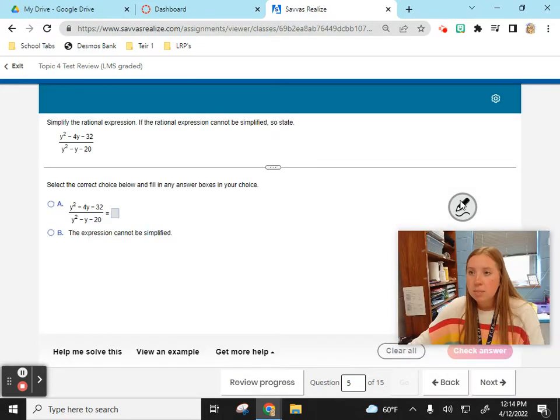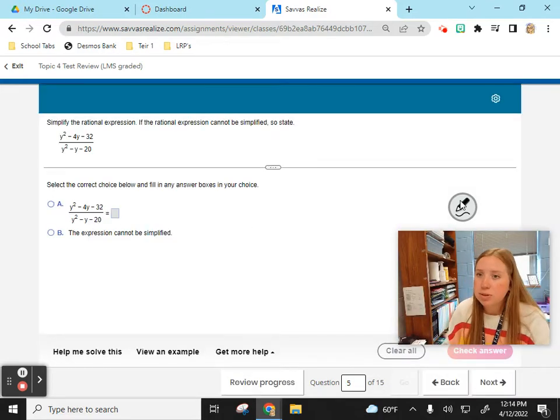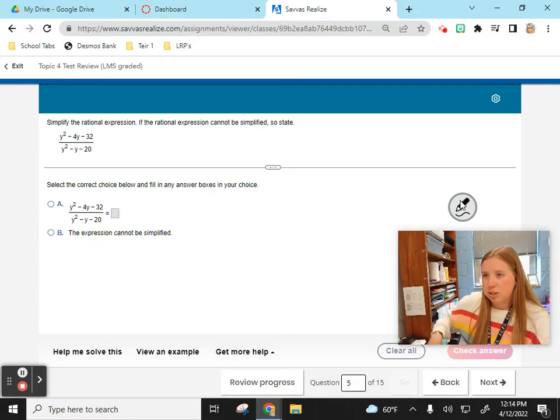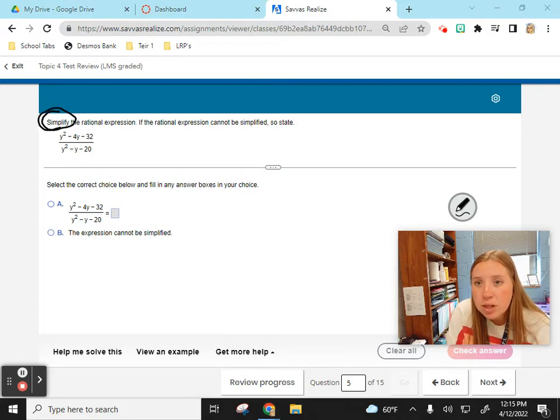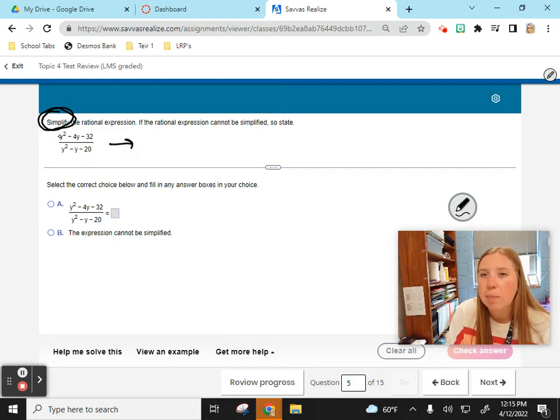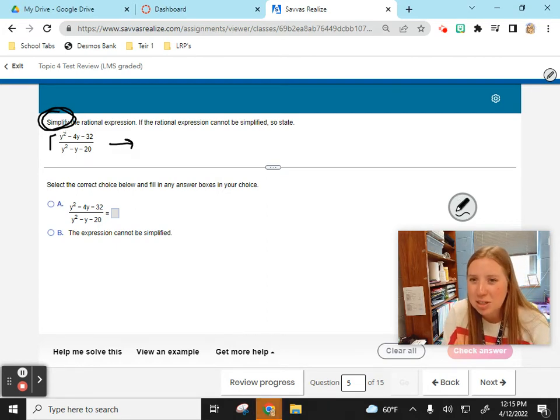All right. My next problem, simplify the rational expression. If the rational expression cannot be simplified, so state. So hopefully we know, or we're starting to remember, simplify just means to factor. And then if we didn't know that, then maybe just looking at this, we should see I can factor that.